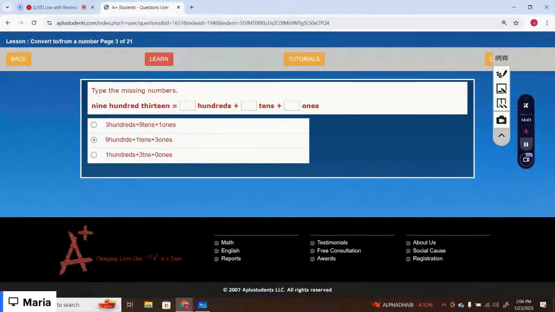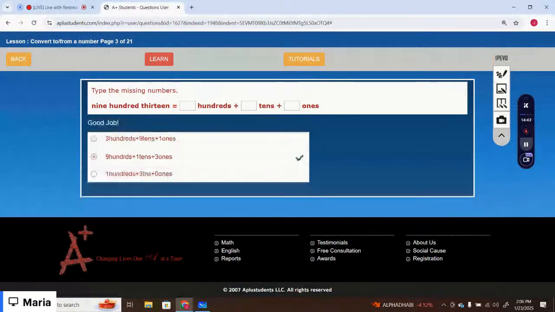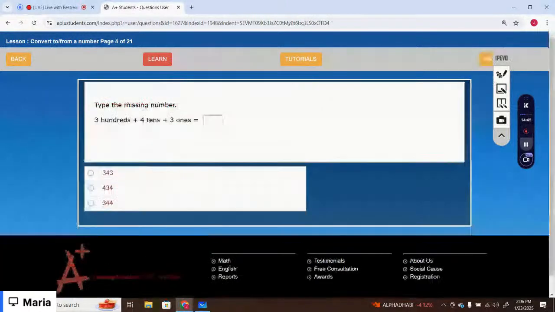Option number 2 is the correct option. Very good. Type the missing number. 300s plus 4 tens and 3 ones. So, which is the correct option?